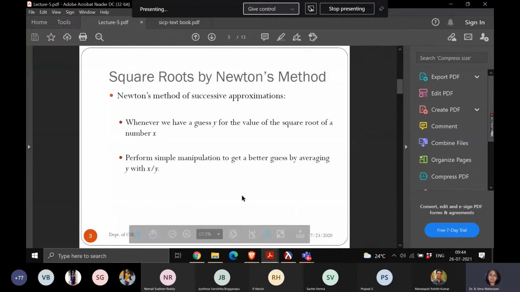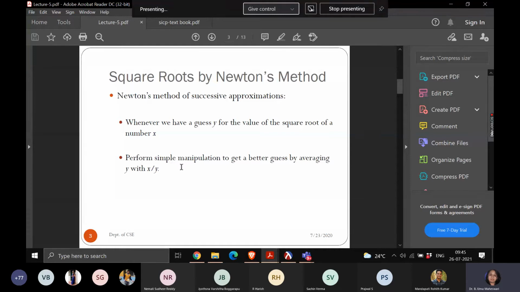Okay, so now we are taking the problem of square root and we are going to solve it by Newton's method. For example, I told you that the square root of 4 is 2, the square root of 9 is 3, so they are all integers. No problem. But the square root of 7, what will happen?